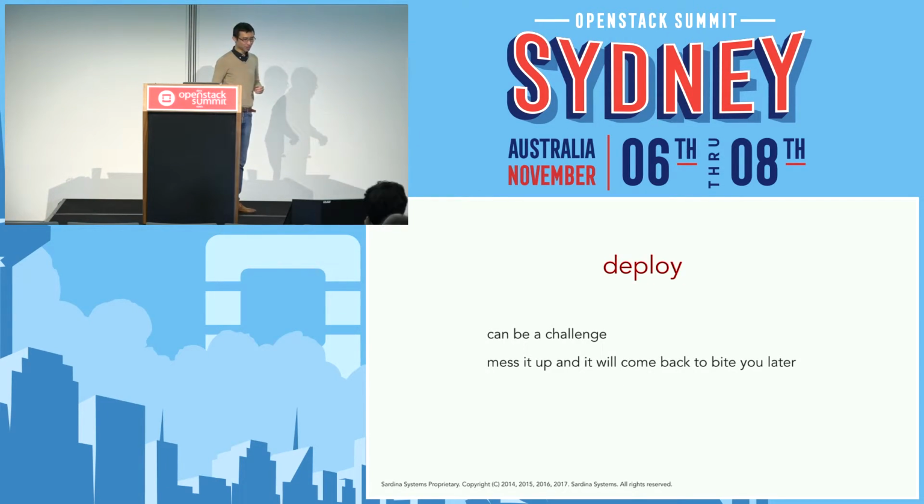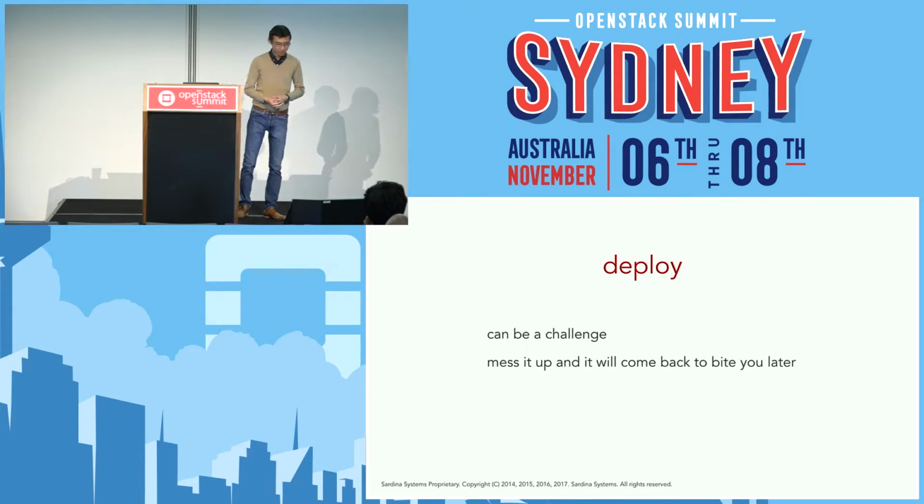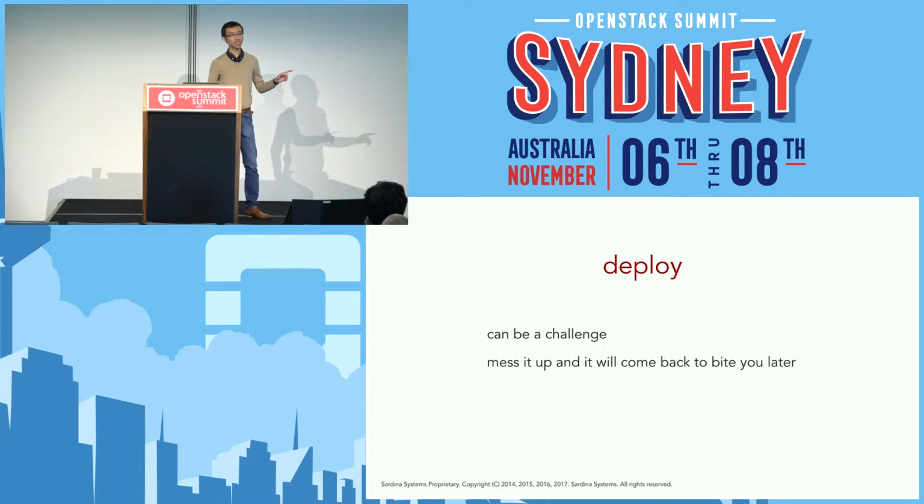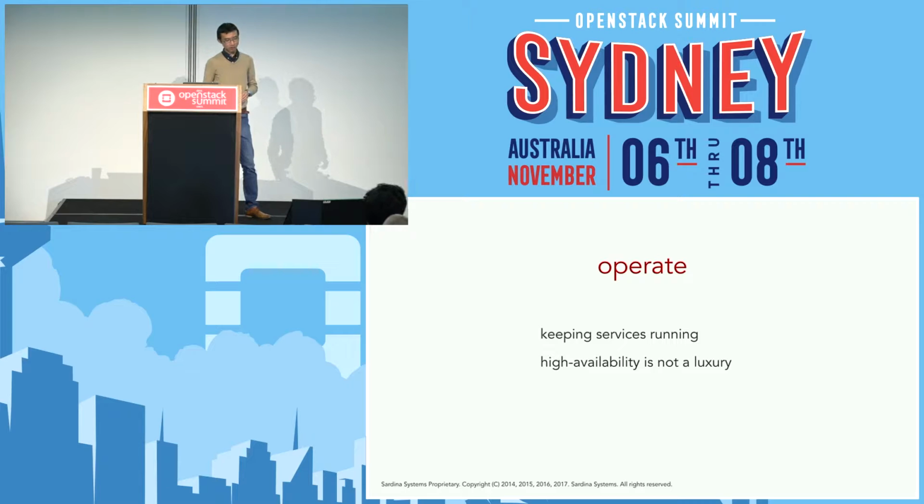In the deploy phase, yeah, it can be challenging. And yes, if you screw it up, it will come back and bite you. But you may not necessarily know that you screwed up until sometime later. That's a problem. And if we look at the operate phase, what do you want?